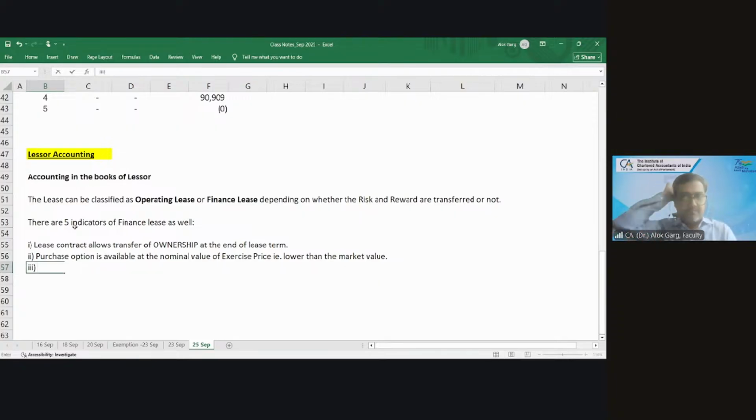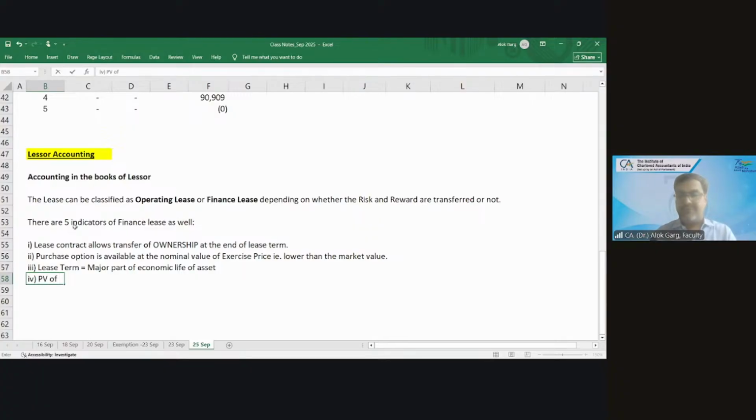Number three, lease term is equal to the major part of the economic life of the asset. Then what next?